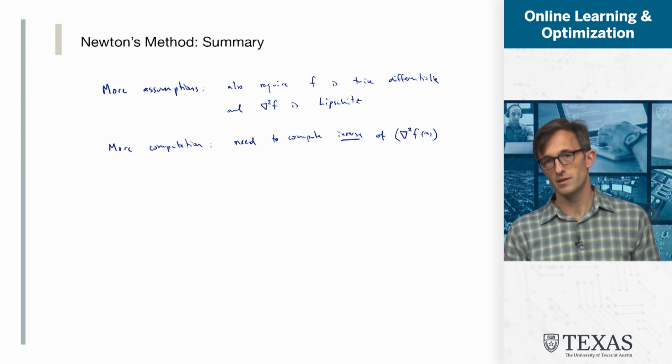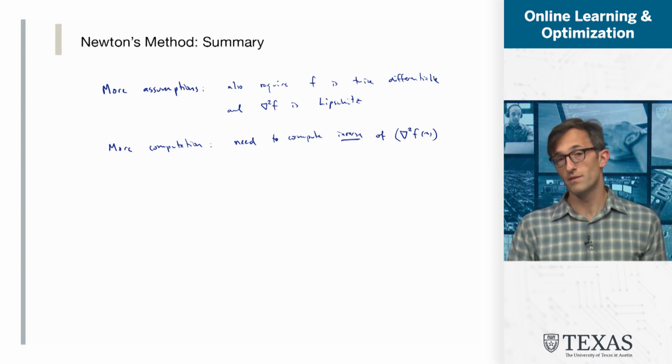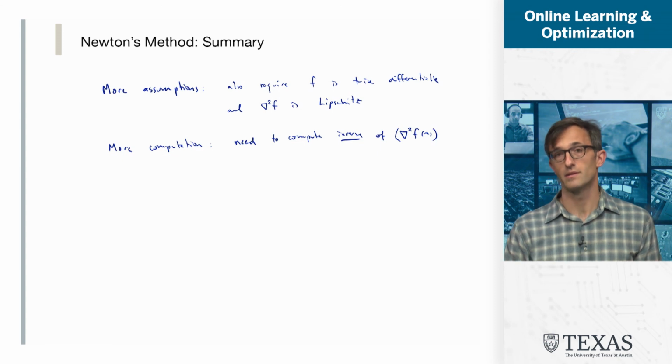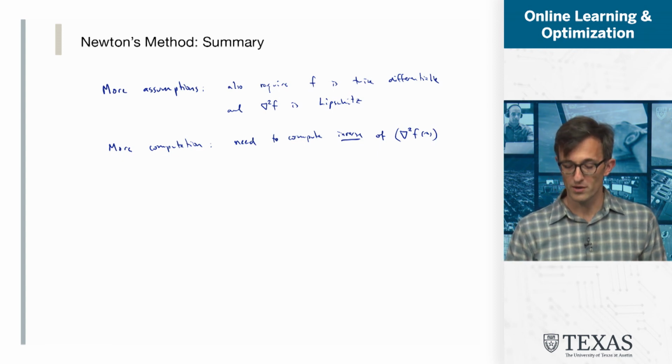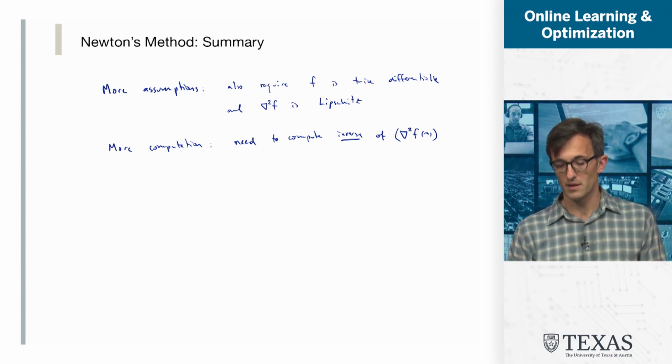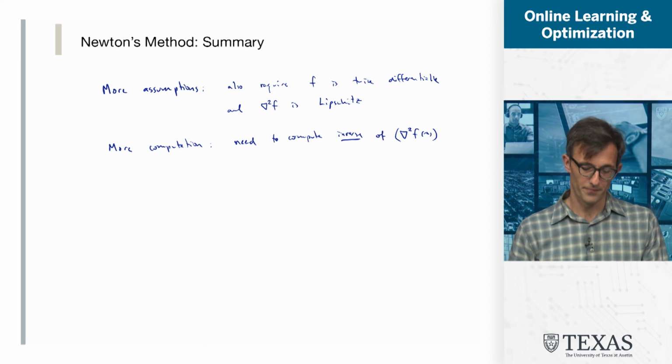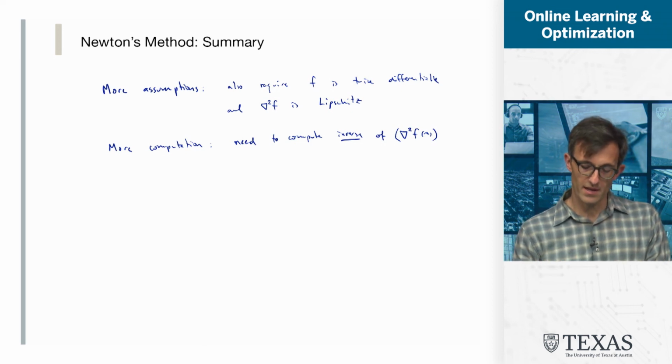Of course, we also need to compute the product of that inverse with the vector, which is also expensive. It's a roughly n squared calculation, but I'm just going to stop at talking about the inverse because that dominates the computation.